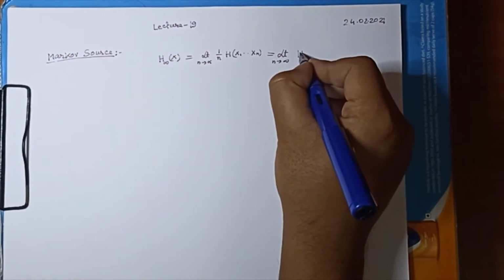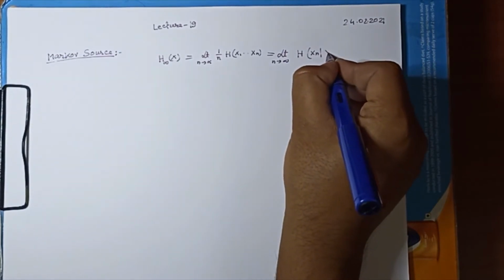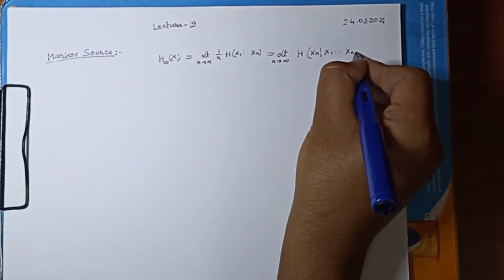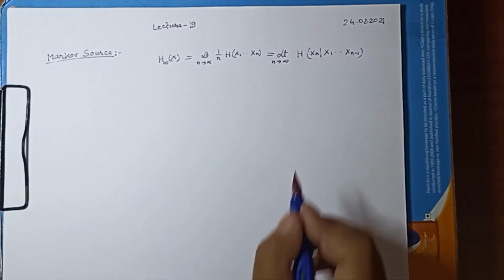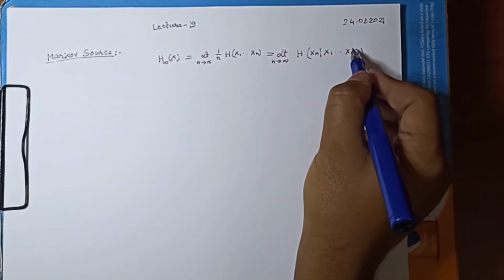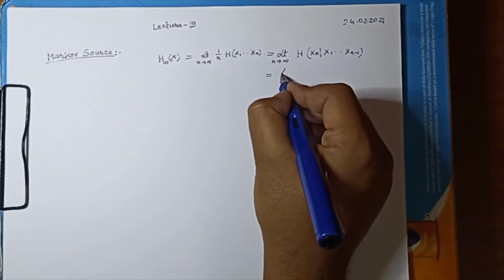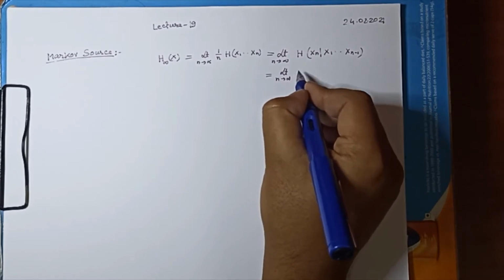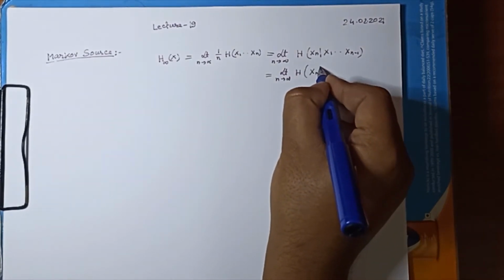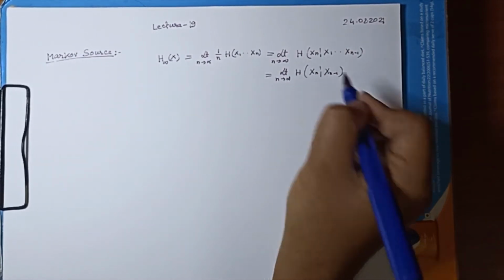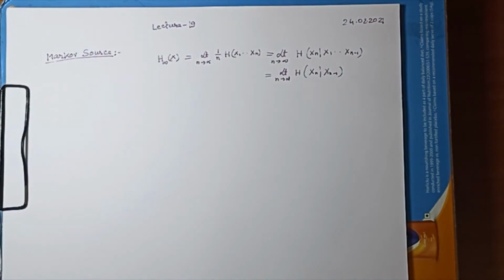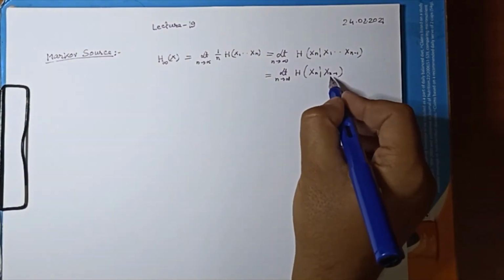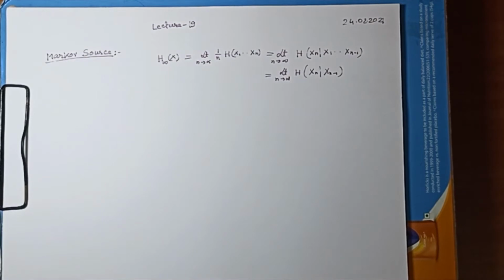That is Xn given the past, and we know that for a Markov source the entire past does not matter, only the previous state matters. So that is equal to limit n tends to infinity H of Xn given Xn minus 1. It depends only on the previous random variable, at time n minus 1.